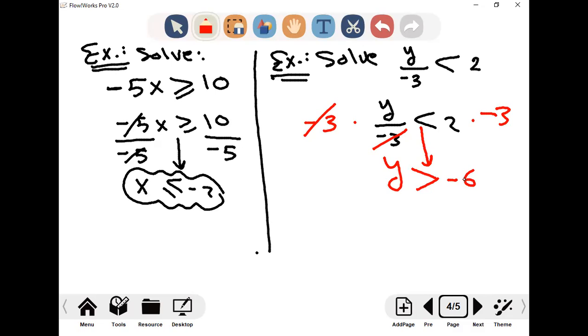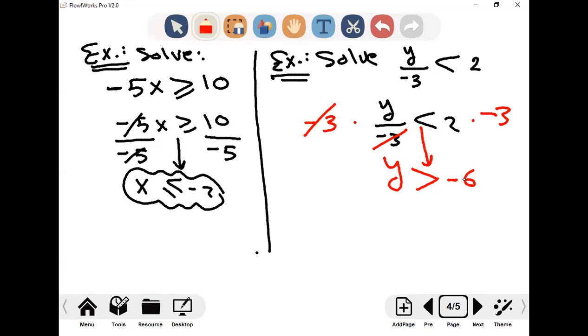Simple as that. So, did we talk about positive or negative coefficients in addition and subtraction inequalities? No, we didn't talk about them. But here in multiplication and division, in the previous lesson, all of it we talked about positive coefficients.